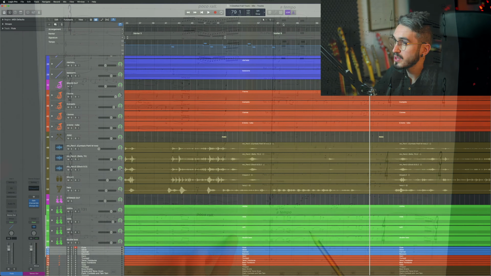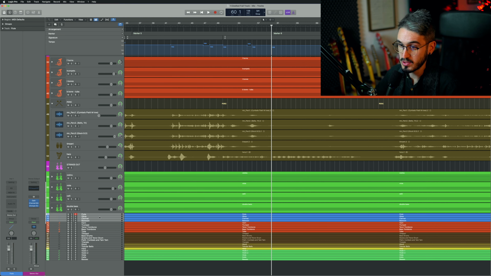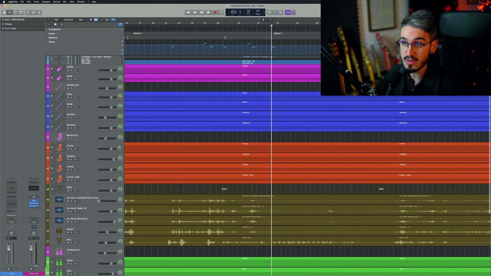So I think we should probably start with the woodwinds on this one, because we have all the most important parts, really, both the accompaniment and the melody on the flute and the solo oboe. So let's play those.